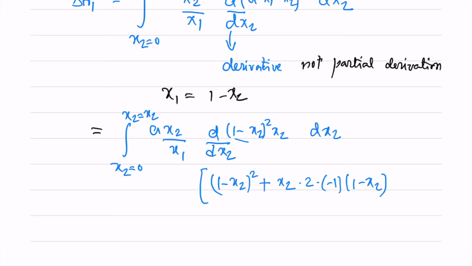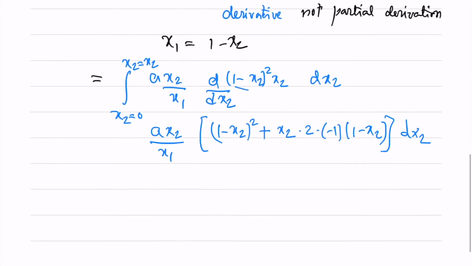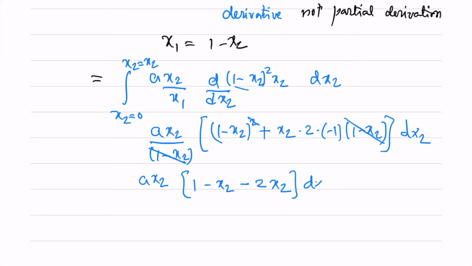We have this term into x2 by x1 in dx2. Writing x1 as 1 minus x2, the 1 minus x2 cancels. What we are left with is A into x2 into 1 minus x2 minus 2x2 into dx2.